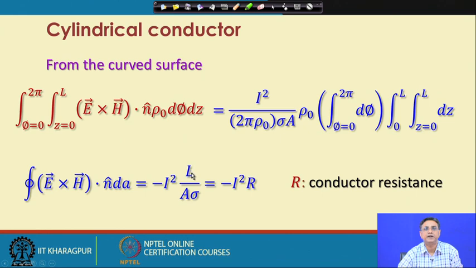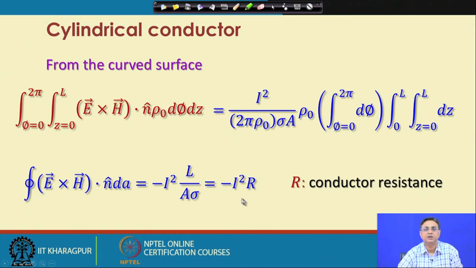For resistance we write rho L by A, and in terms of conductivity the resistance is L by A sigma. So, this quantity represents minus I squared R.